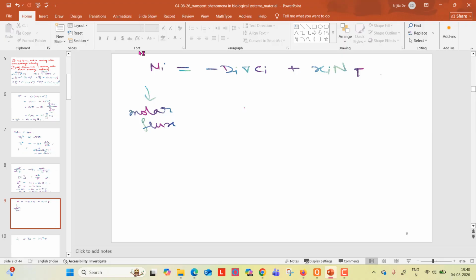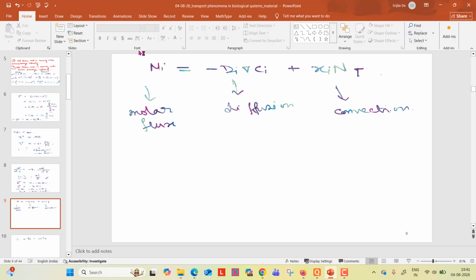This term is accounting for the diffusion in the system, diffusion due to the concentration gradient, and this is calculating the convection part. That means due to the flow or flow parameters, how this molar flux is changing.